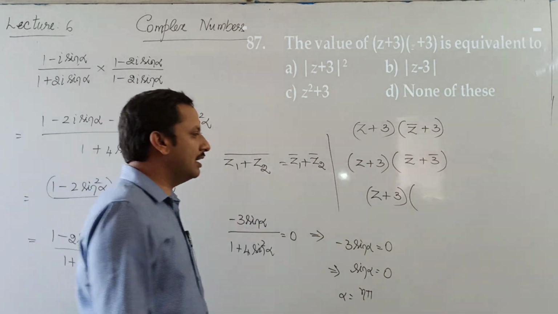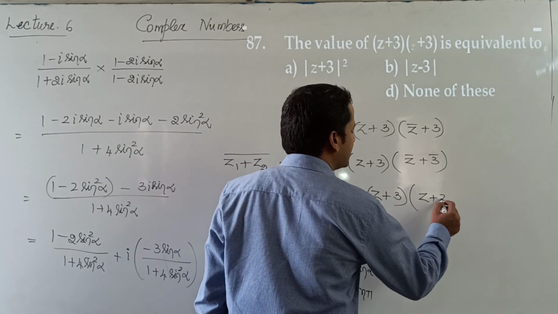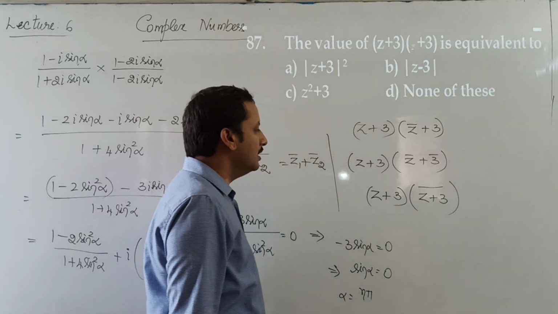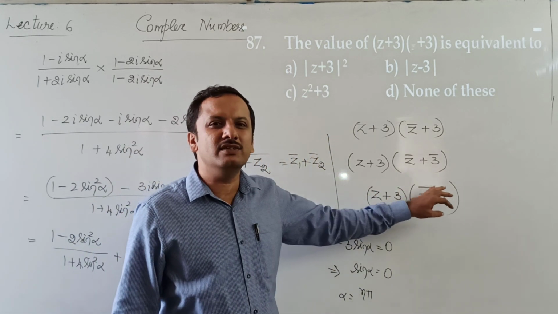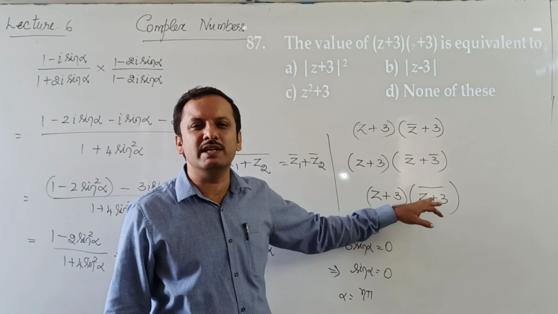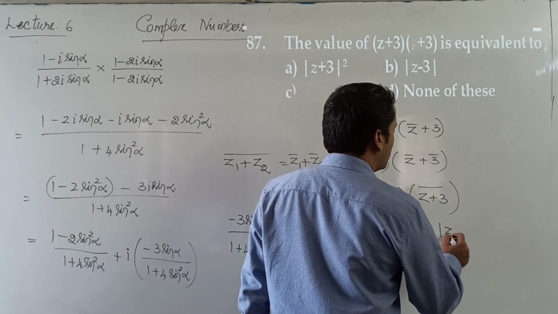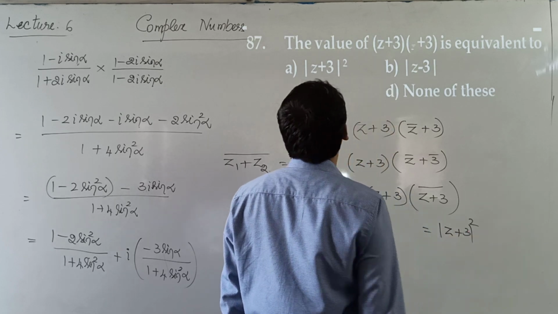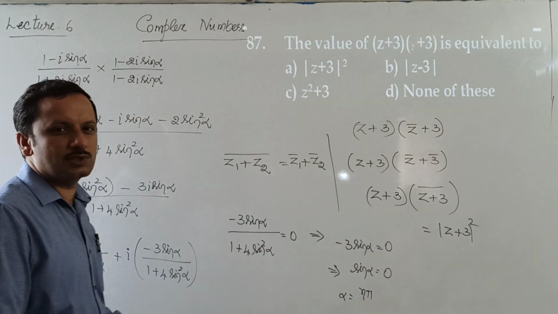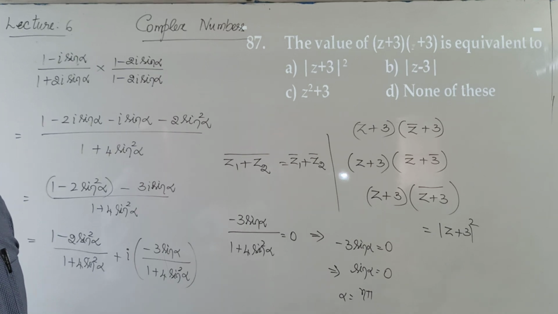So if I use that formula, I can write this as z plus 3 whole bar. Now this is as good as z into z bar. What is z into z bar? Z into z bar is equal to mod z whole square. So this is equal to mod of z plus 3 whole square, which is the first portion.